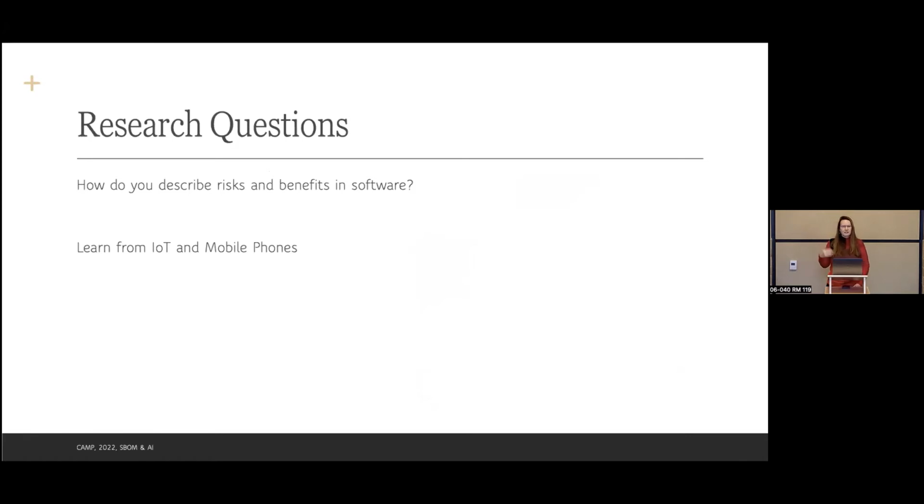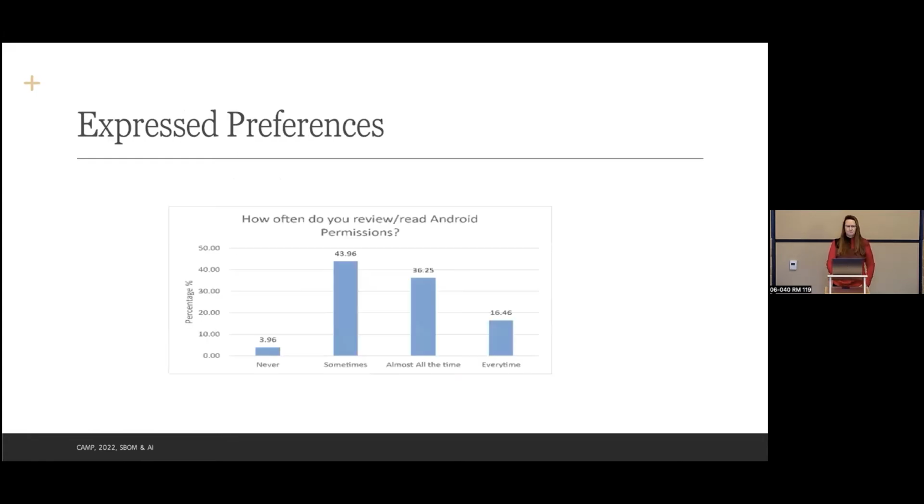Previously I argued that we should learn from mobile phones and the manufacturer's usage description and other access control work. Now I want to argue that we should learn from IoT and mobile phones. If you model people's expressed preferences, you get what they want to do.